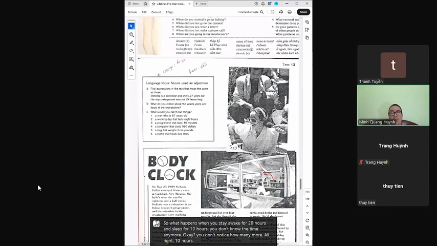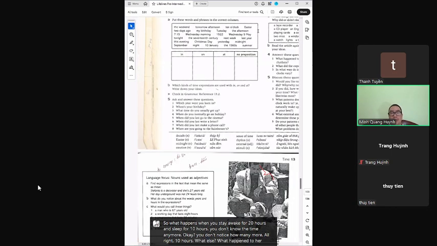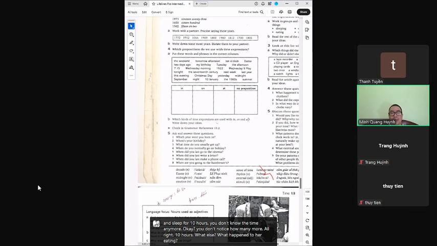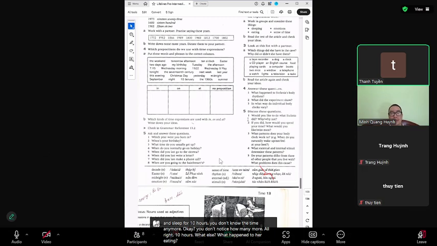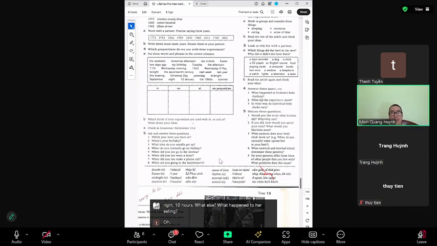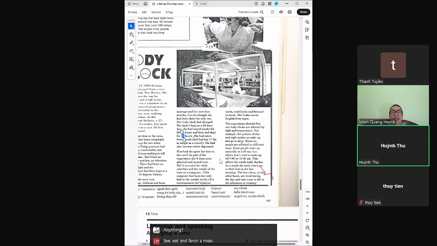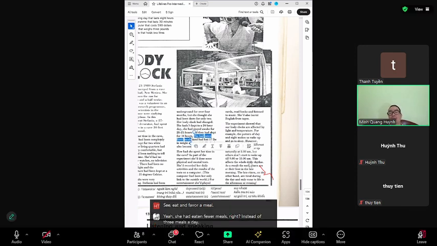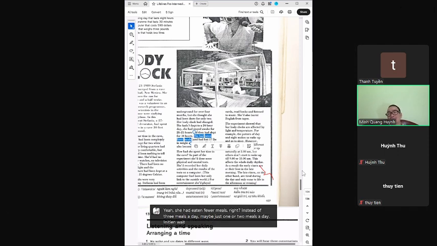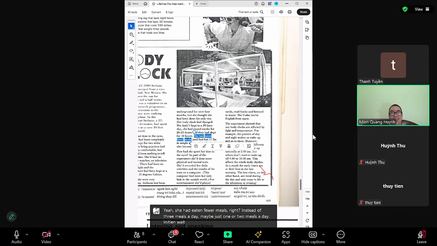What else? What happened to her eating? She had eaten fewer meals. Yeah, she had eaten fewer meals, right? Instead of 3 meals a day, maybe just 1 or 2 meals a day. And did she gain weight? Yes or no?